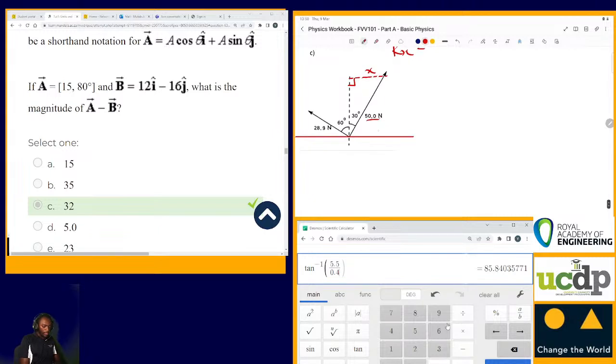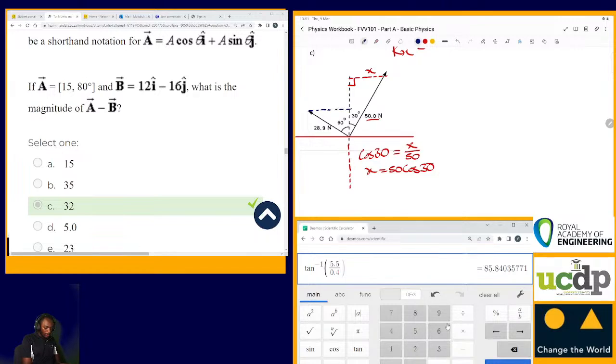So meaning that to get the X component is going to be cos 30 equals the adjacent, which is X over the hypotenuse, which is 50. So X is equal to 50 cos 30, right? And if I have to do this one as well, close there. Oh, now I have to close the other side.